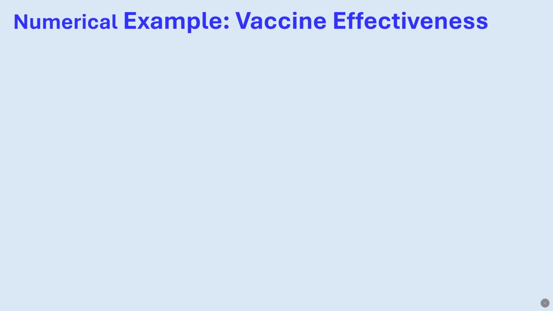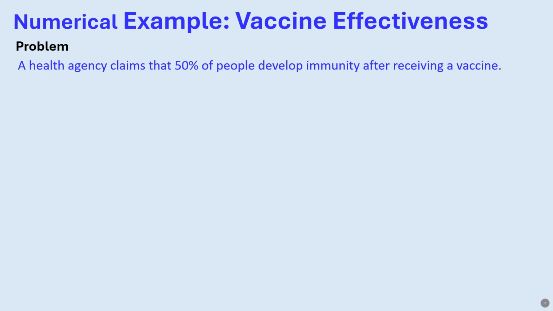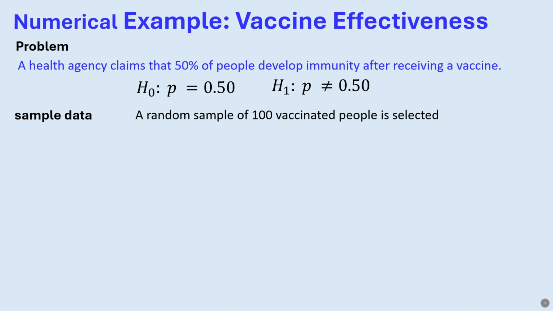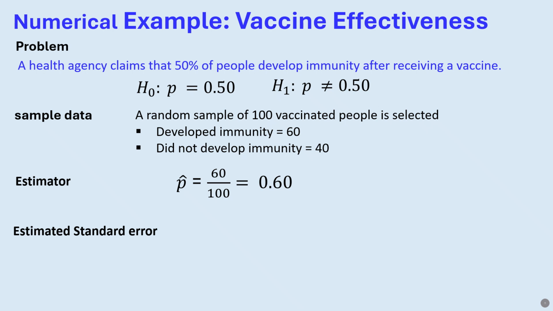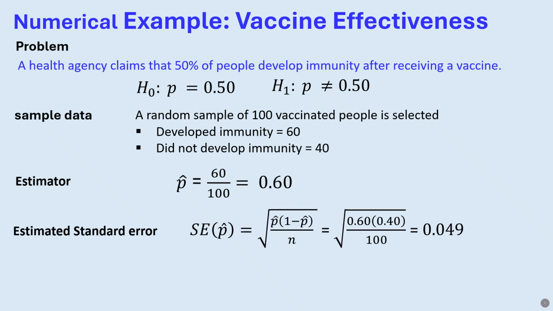Let's work through a numerical example. Suppose a health agency claims that 50% of people develop immunity after receiving a vaccine. This is our null hypothesis. We randomly select 100 vaccinated people. Among them, 60 develop immunity and 40 do not. The estimated proportion, or p hat, is 60 divided by 100, which equals 0.60. Next, we calculate the estimated standard error using the Bernoulli standard error formula.